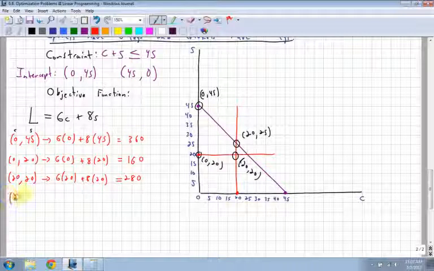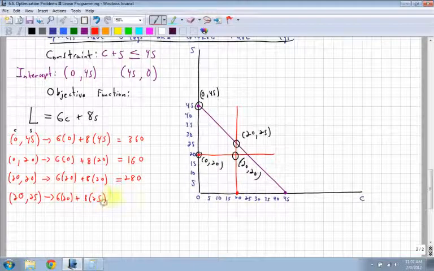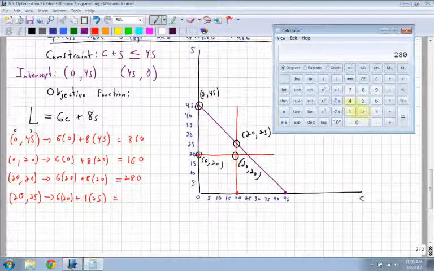And the last one I get is 20 and 25. So 6 times 20 plus 8 times 25. So 6 times 20 is 120, we already know that. 8 times 25 is 200, plus 120 is going to be 320.